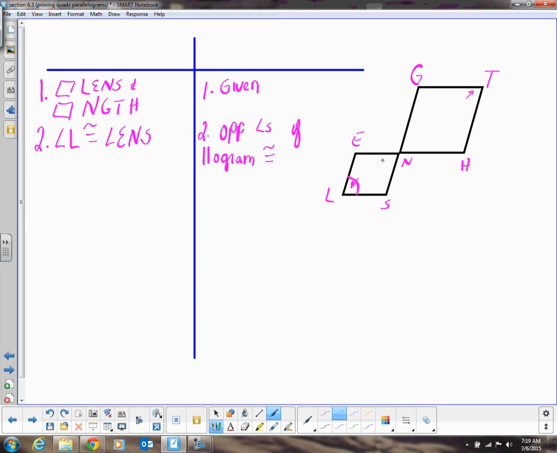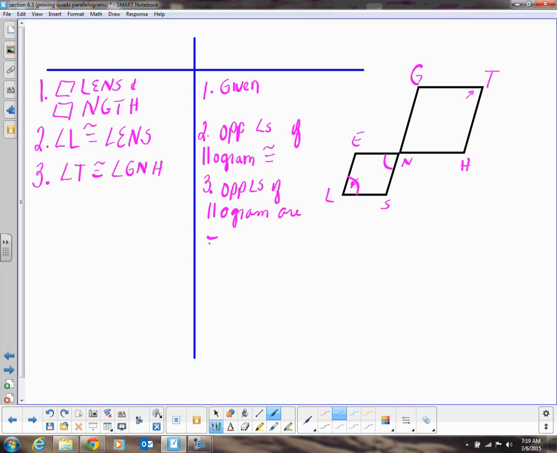So L's congruent to this one. What can you tell me about angle T? It's going to be congruent to which one? G and H. Why? Opposite angles of a parallelogram are congruent.